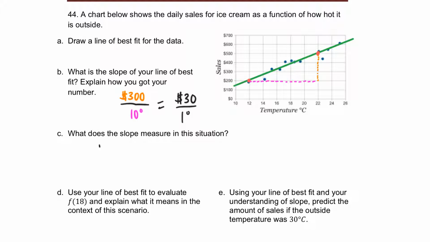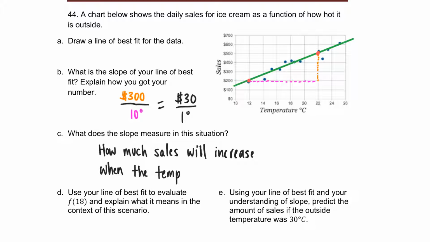So it's measuring how much sales will increase when the temperature increases. Really, we should probably say change instead of increase. So it's how much the sales will change when the temperature changes. That's what the slope measures here in this scenario.